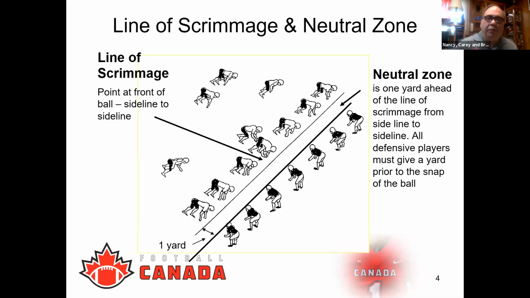So basic scrimmage definitions. The line of scrimmage is from the front point of the football, sideline to sideline. And what's referred to as the neutral zone is 1 yard ahead of the line of scrimmage, or the nose of the football, sideline to sideline. All defensive players must give a yard prior to the snap of the ball.